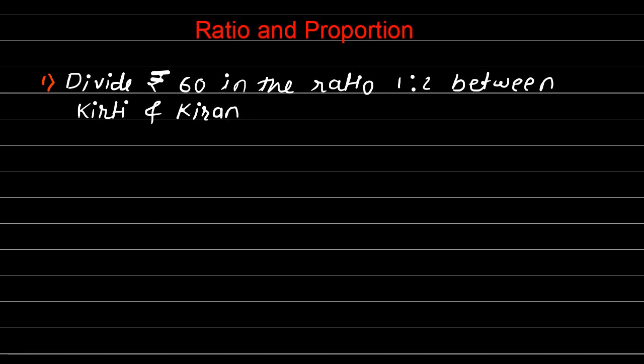Right? So the amount is given and you need to divide this amount in some ratio, that is 1:2, between these two girls, Kirti and Kiran.